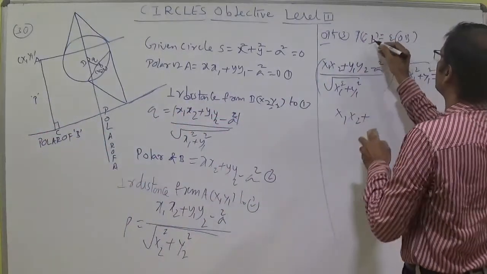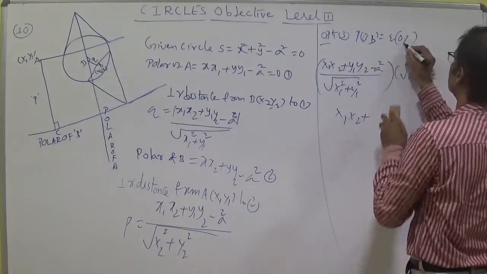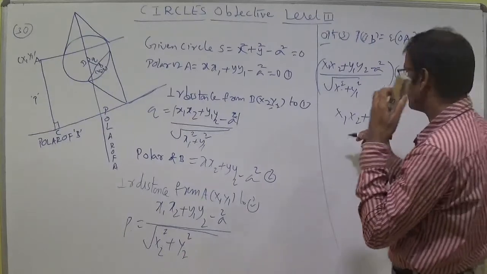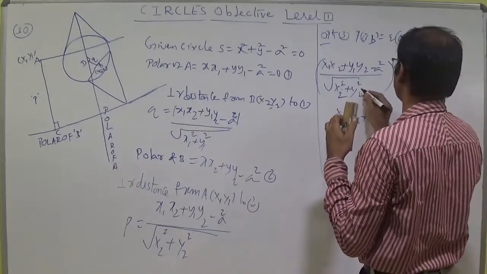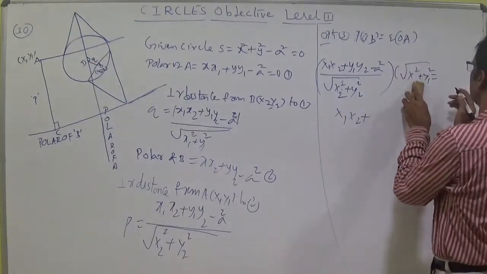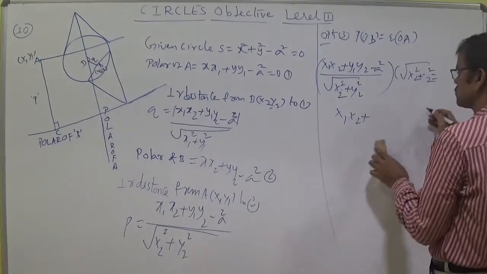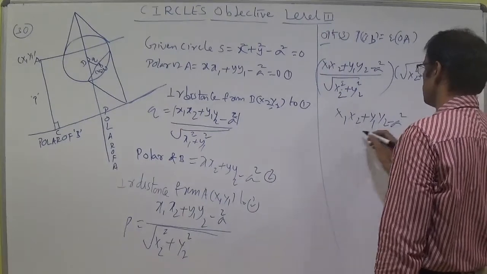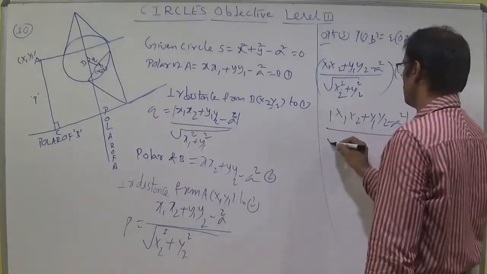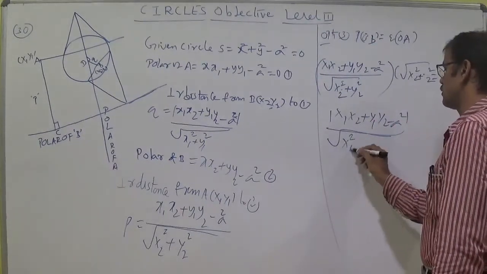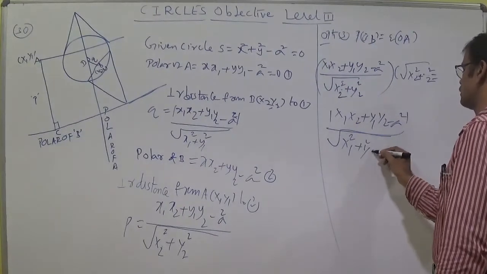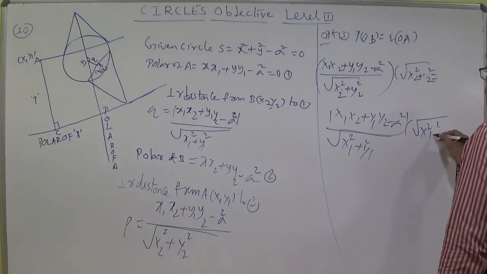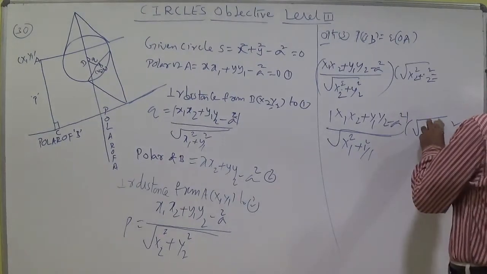POB is equal to QOA. Here it is POB. P means here x2 square plus y2 square, and OB means x2 square plus y2 square. Here x1 x2 plus y1 y2 minus a square over modulus, by root of x1 square plus y1 square into OA, here root of x1 square plus y1 square.